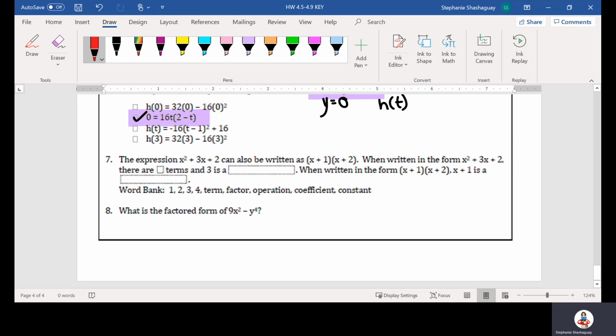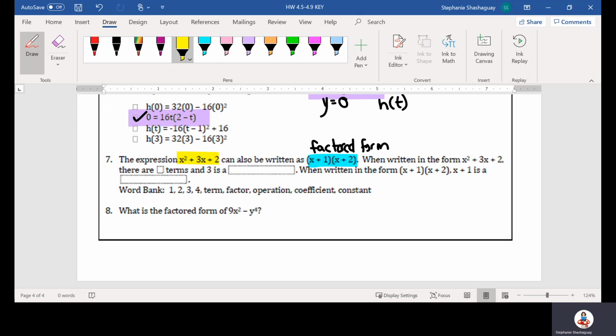Number 7, the expression x squared plus 3x plus 2 can also be written as x plus 1 and x plus 2. Okay, so they gave it to us in factored form. When written in the form x squared plus 3x plus 2, there are how many terms?